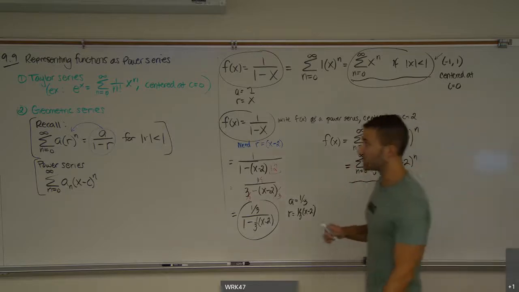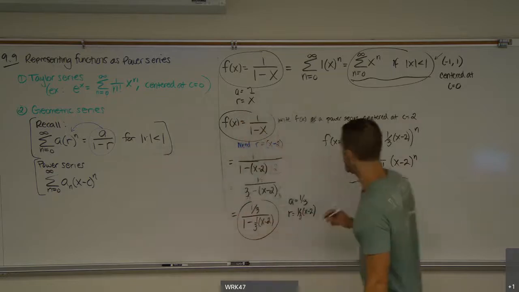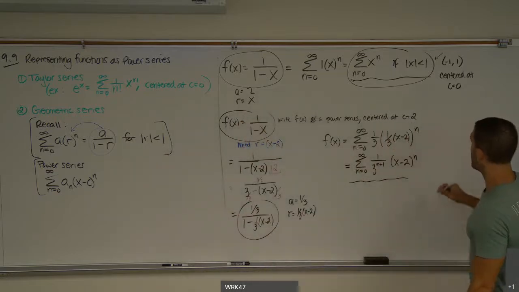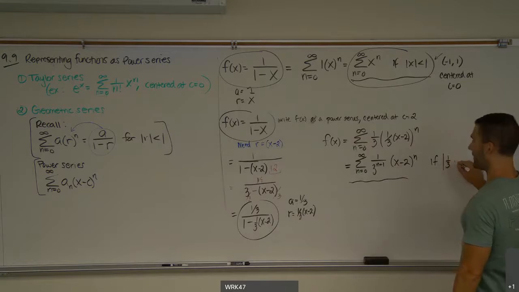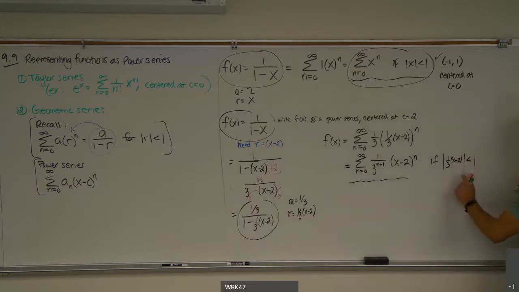The geometric series says, well, this will only work if the value of r is less than 1. And so in this case, if the value of r, which is a little more complicated now, is less than 1, what does that mean about x?